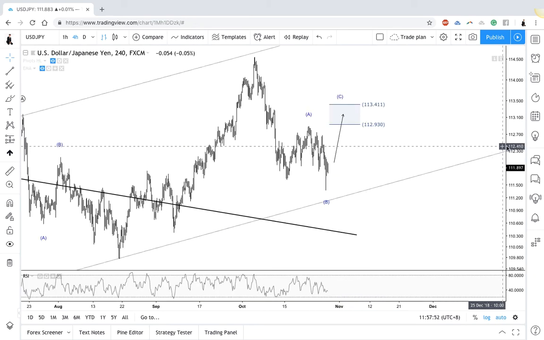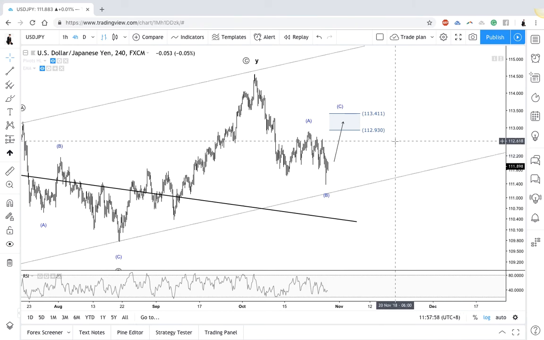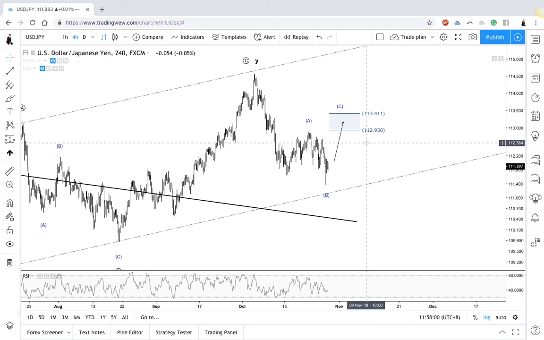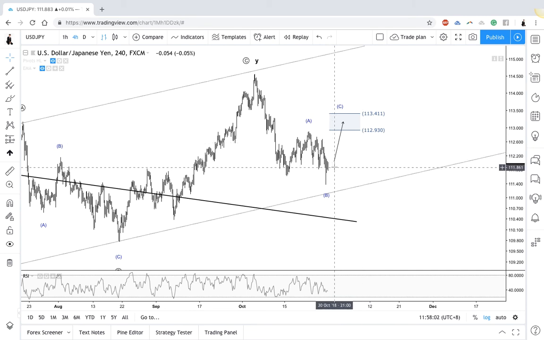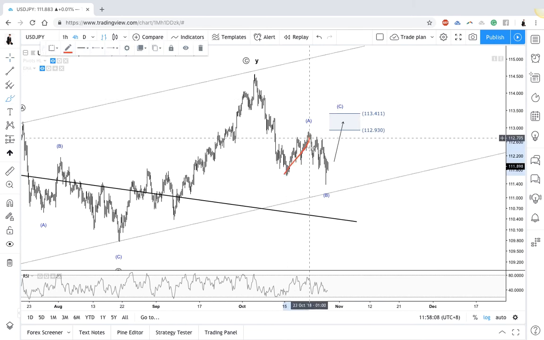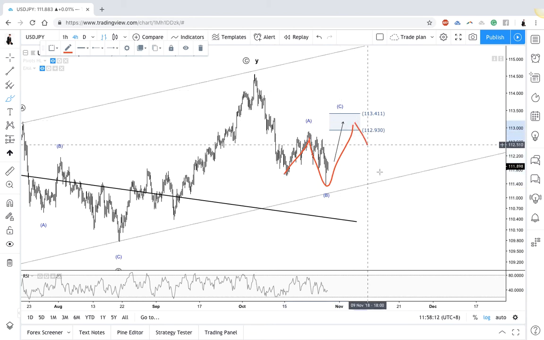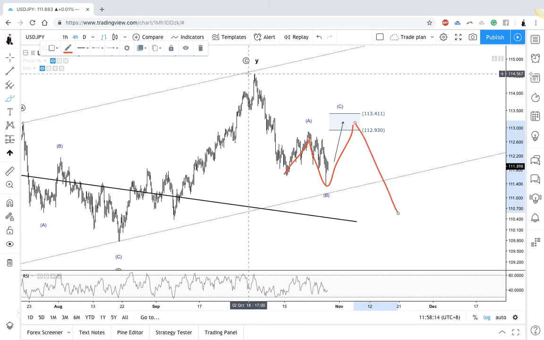Now, looking at the dollar yen, it goes against the overall dollar picture because, if you're looking at this chart, we are expecting some form of a correction higher. Okay, giving us this as a potential expanding flat 1, 2, 3, and then of course one more potential move to the downside to complete this three-wave structure.